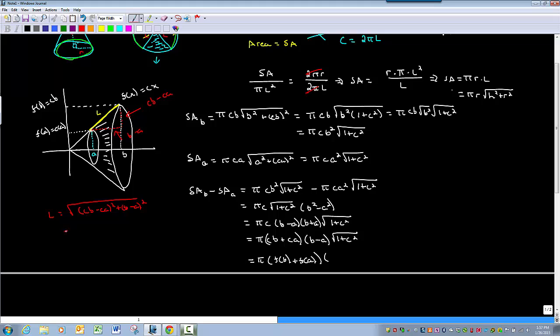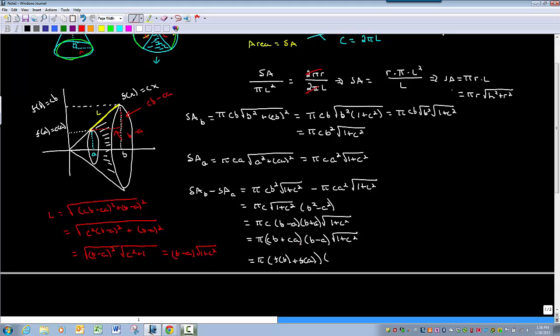Now what I can do here is factor out a c squared, so I get c squared times b minus a squared plus b minus a squared. And I can factor out that b minus a squared, and I get c squared plus 1. So this is b minus a, because b is larger than a, so I don't have to put absolute values around that. And this is 1 plus c squared, or c squared plus 1.